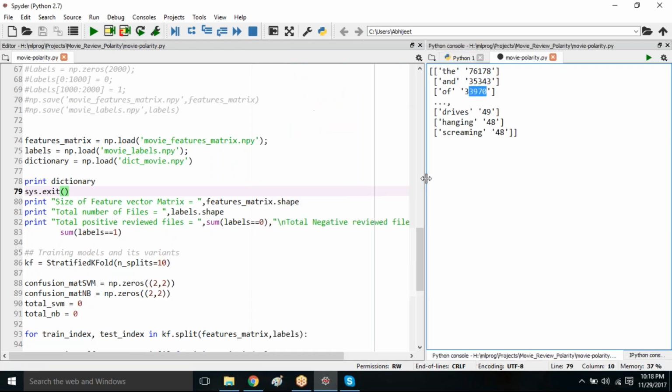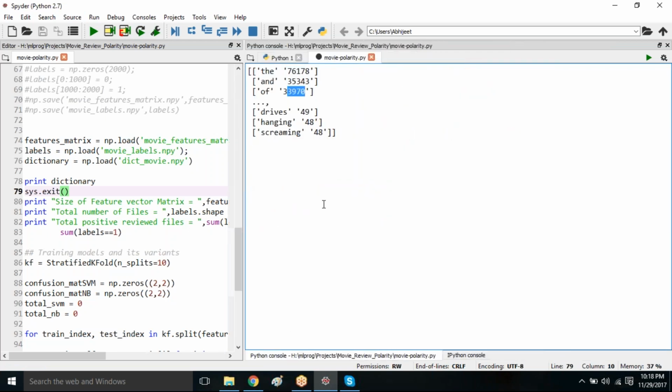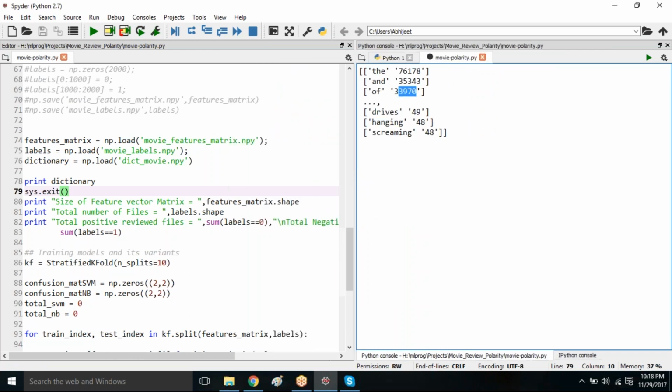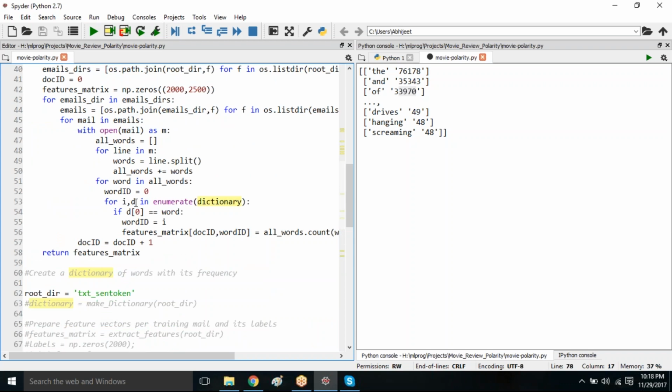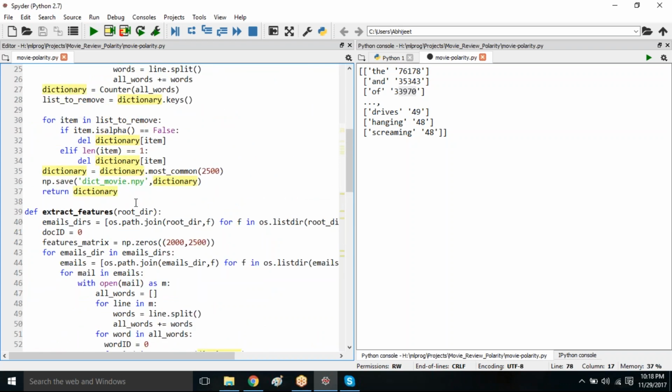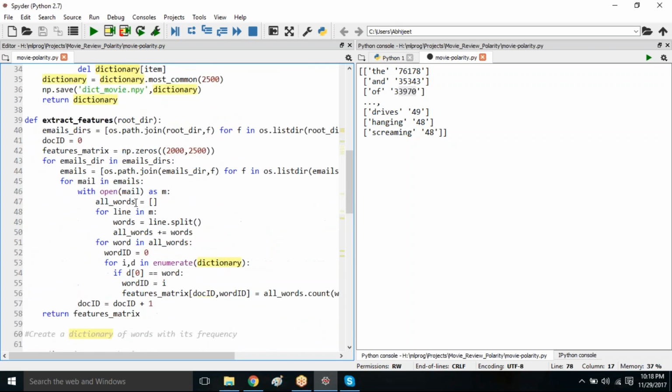And the dot dot dot means there are some more words. I will show you, in fact. Just wait.